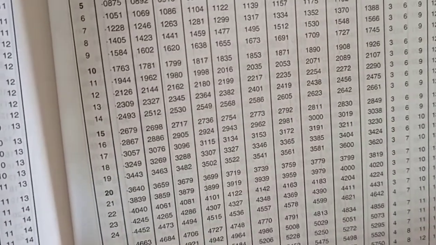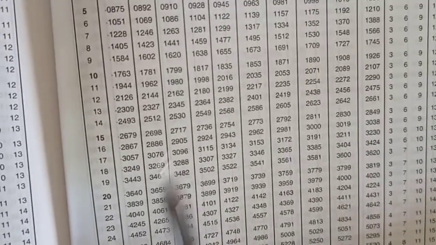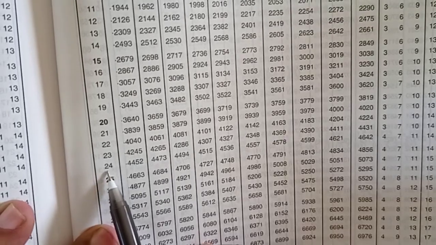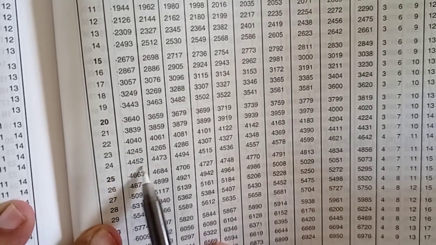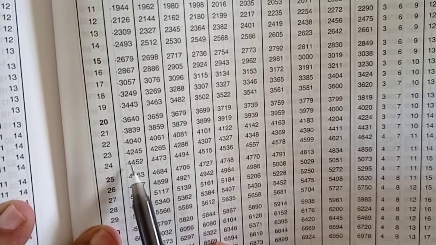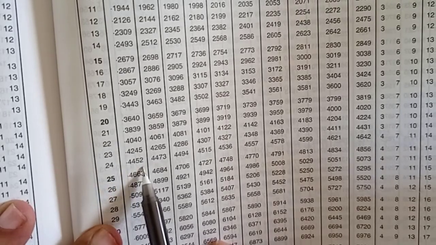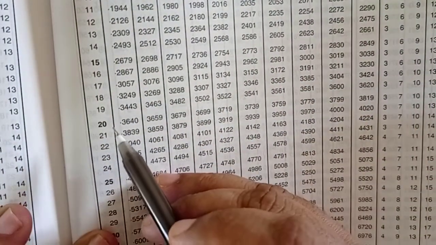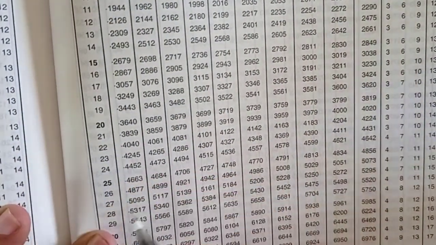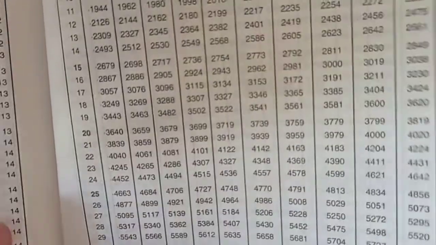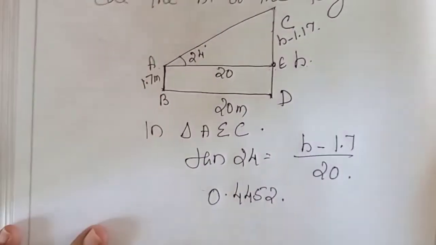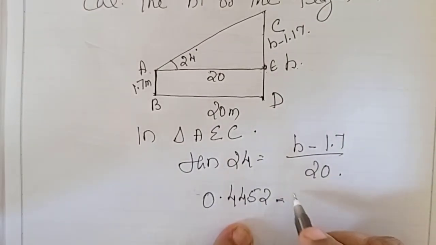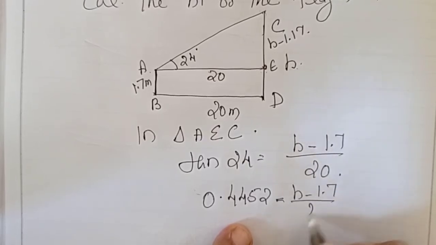Our aim is to find tan 24. All of you look here. This is 24. What is the value of tan 24? 0.4452. Understand? This is the way to find the answer. If the angle is not a standard angle, you can use this logarithm table. Okay, then tan 24 is 0.4452 equal to h minus 1.7 by 20.